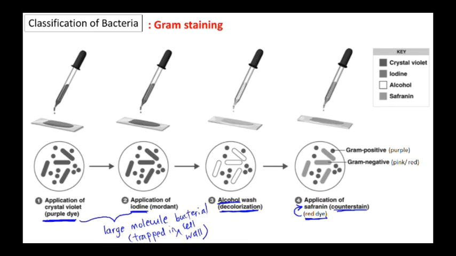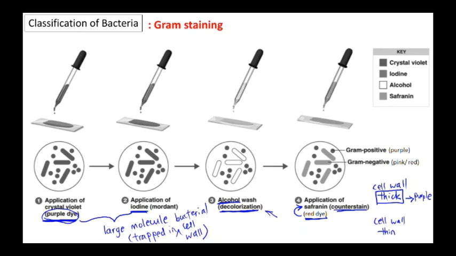What is the purpose of adding safranin? If the cell wall of the bacteria is thick, then it will retain the purple dye, and even if we add alcohol, it will not wash away the purple dye, so this thick cell wall bacteria will remain purple, the first dye we use.